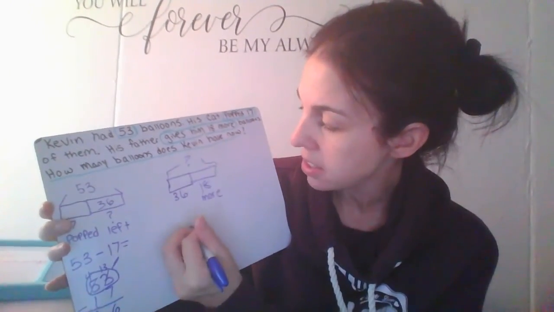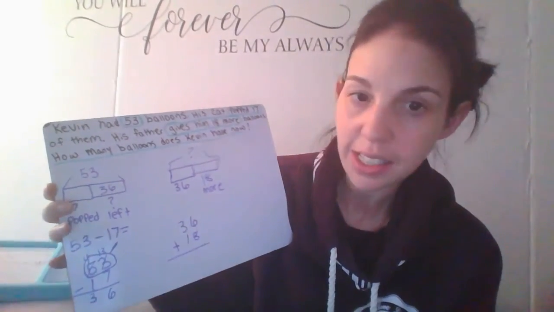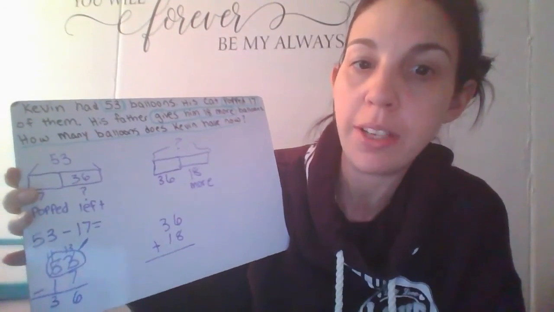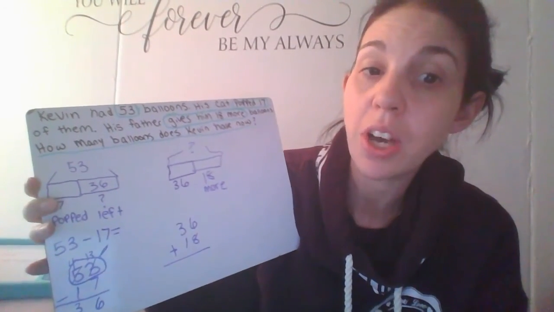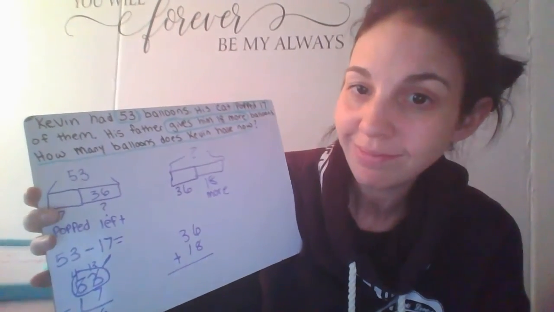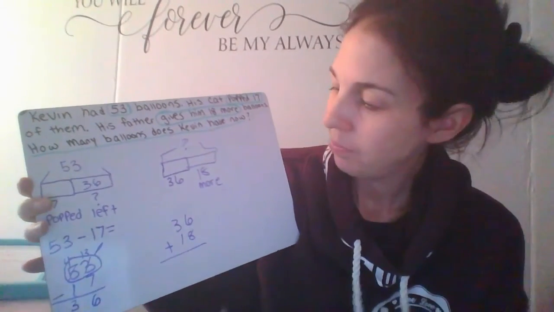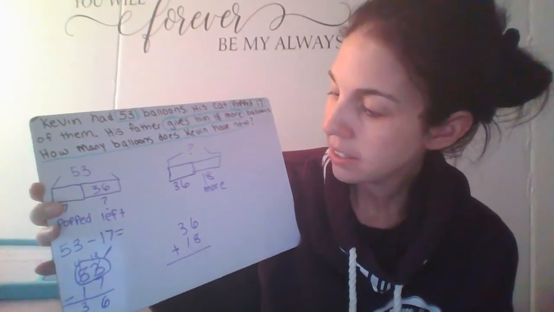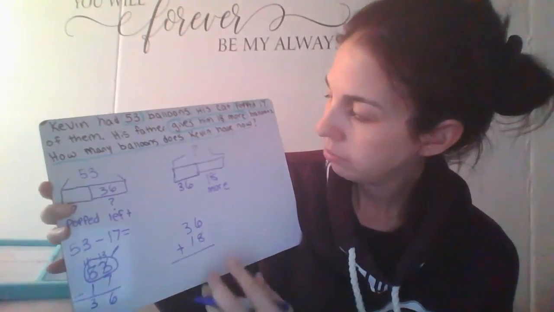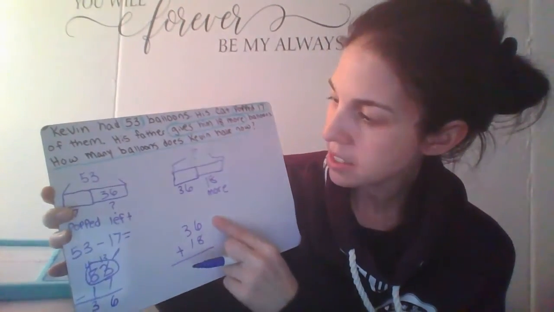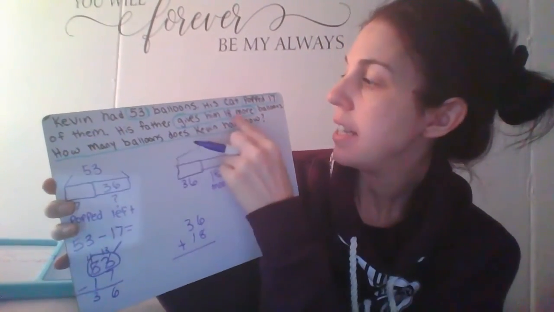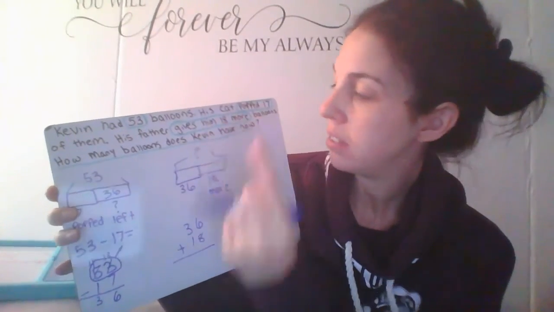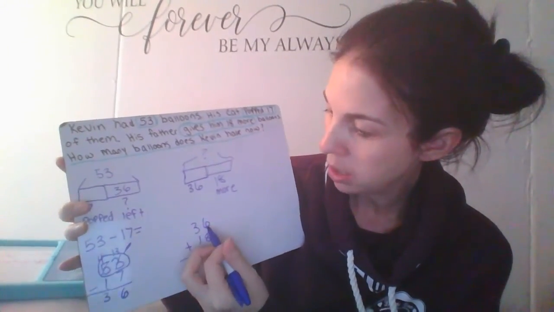So 36 plus 18 is your new problem that you're going to solve. If you want to pause this video and solve the addition problem, you may. 36 plus 18. So the 36 is how much he had left. The 18 is how many more he was given. That's where we're getting those two numbers from.